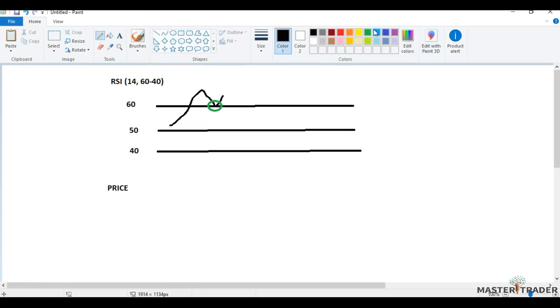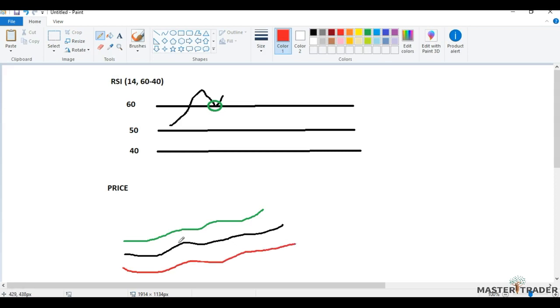And let's say that we have the 3 Bollinger Bands here like this. So we have the upper band, the middle one, and the lower band. And now price, let me give it black color. So now RSI has gone above 60, pulls back, and bounces from the 60 level.